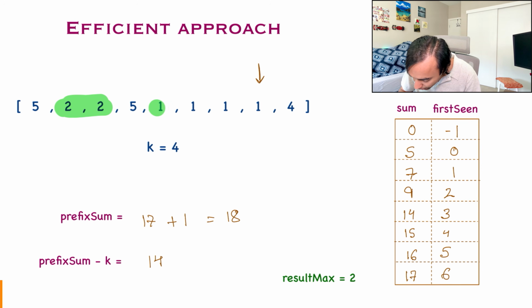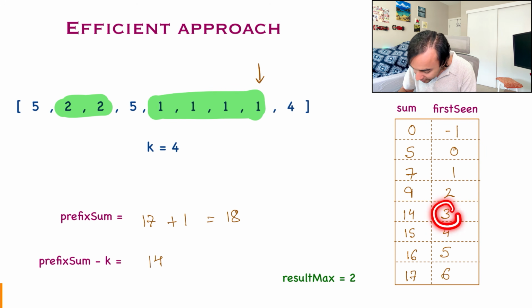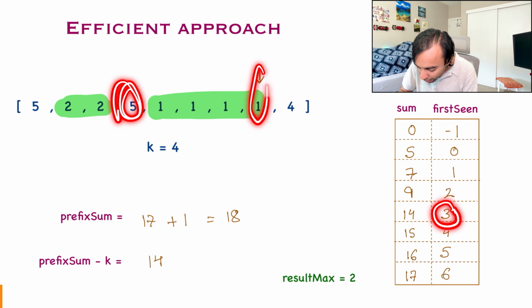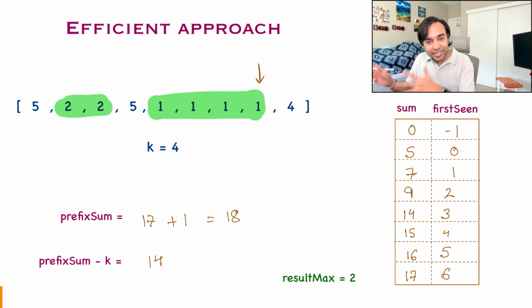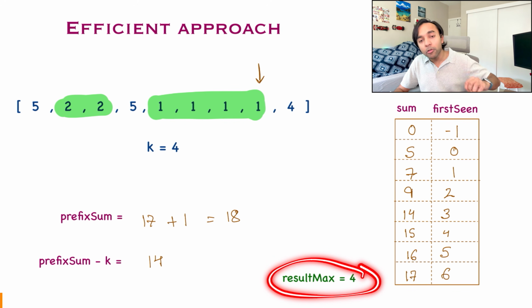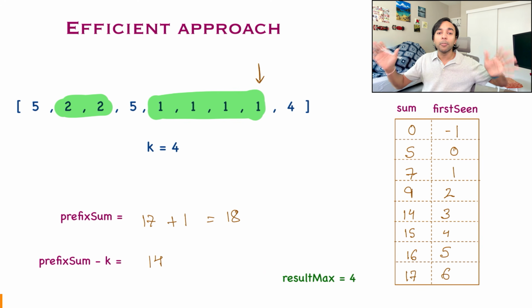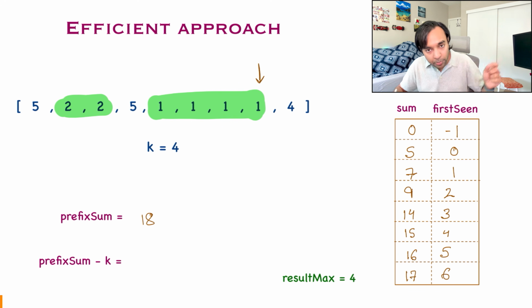And I get my new length as this particular one because the index 3 refers to this position and I'm currently over here. So 7 minus 3, that gives you a 4. 4 is greater than 2. So all I'm going to do is update my result max. So far I'm saying that I have found the longest subarray of maximum length 4. Before you move ahead, you also add 18 to your map and you will add the position 7.